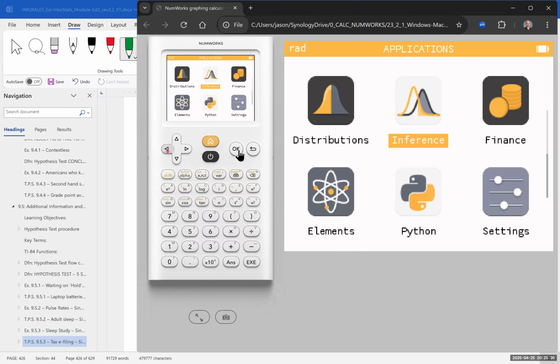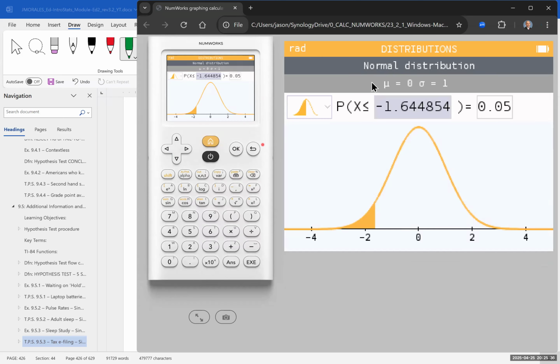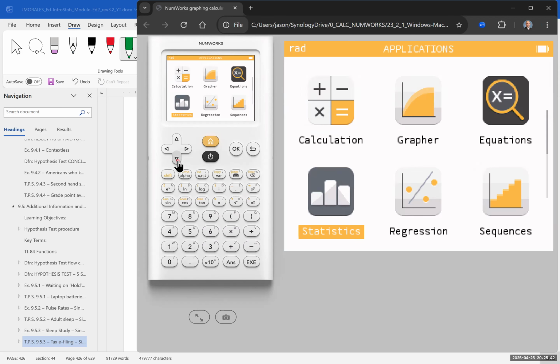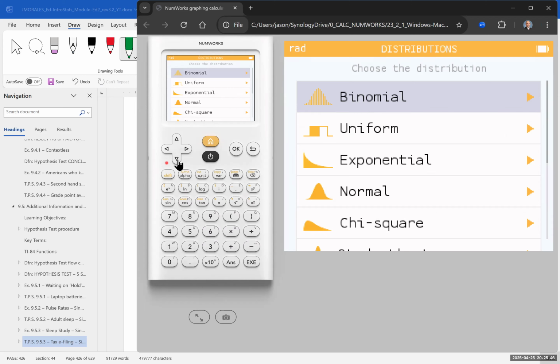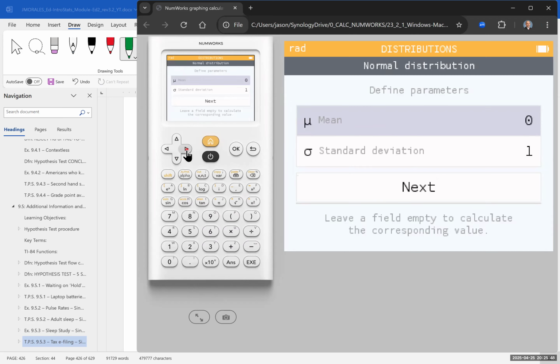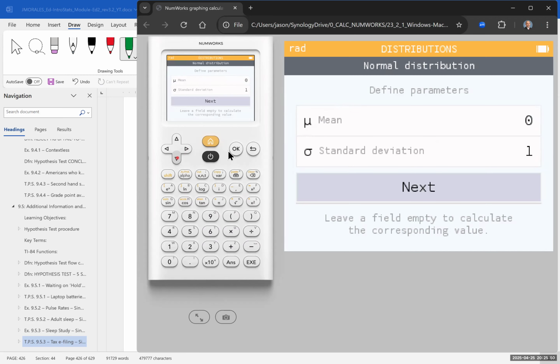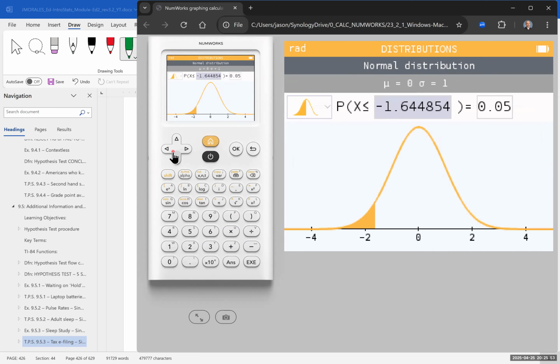We're going to go to distributions. Okay, normal distribution, but let me back out all the way so you can see me go into it from the beginning. Mean 0 and 1. Now I want the area to the right and an area of 0.05, which is positive 1.645.